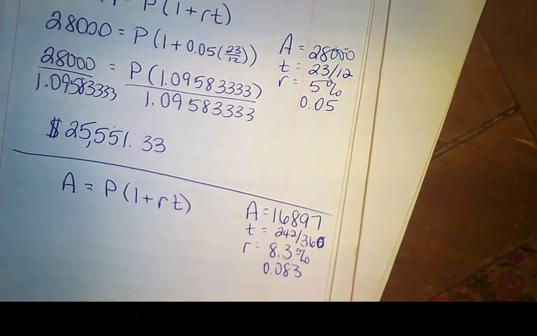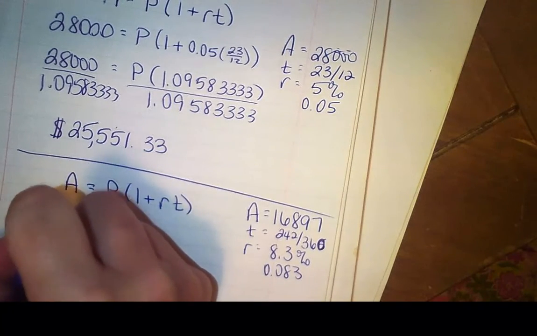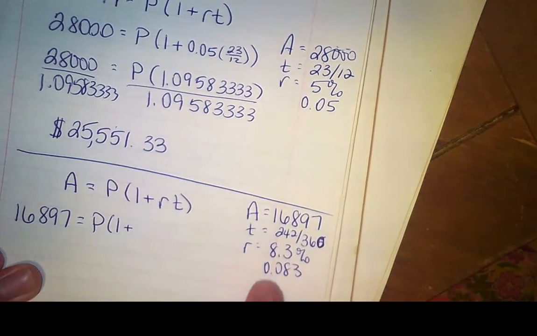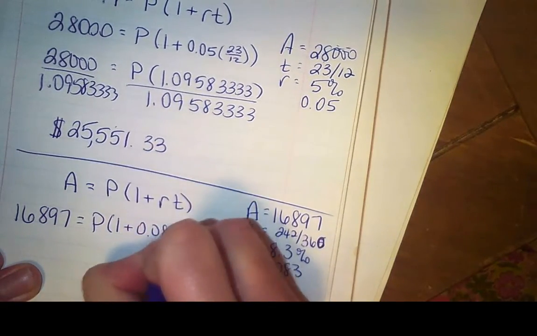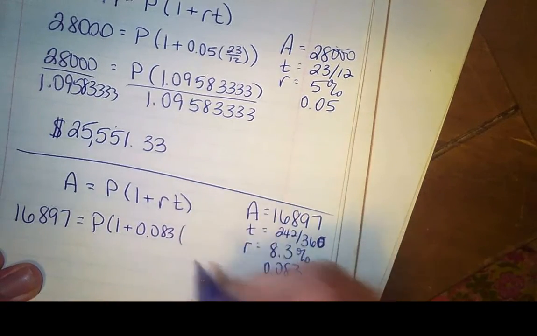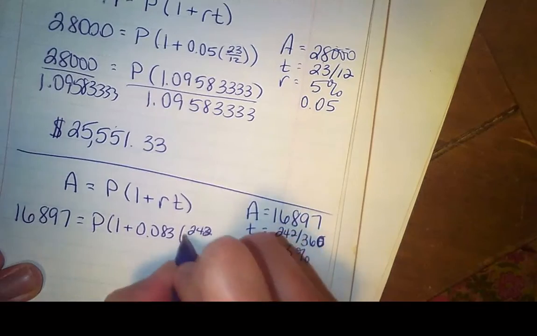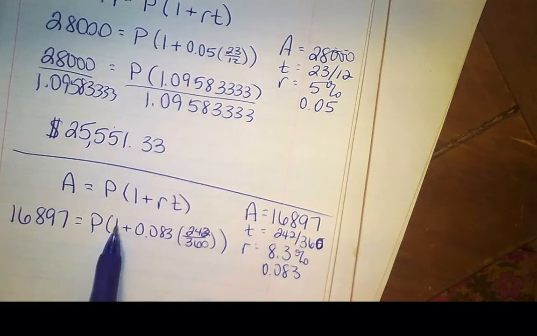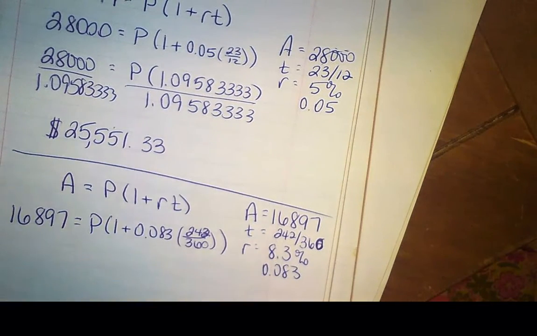So I've got 16,897 equals P, which is what I'm looking for, times 1 plus my rate, 0.083, times time, which is 242 over 360. I'm going to figure out this part first: 1 plus 0.083 times 242 divided by 360 gives me 1.0557.